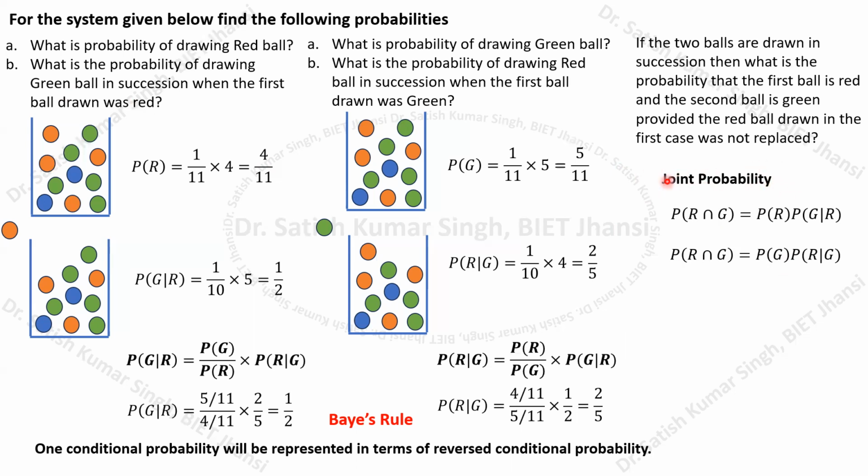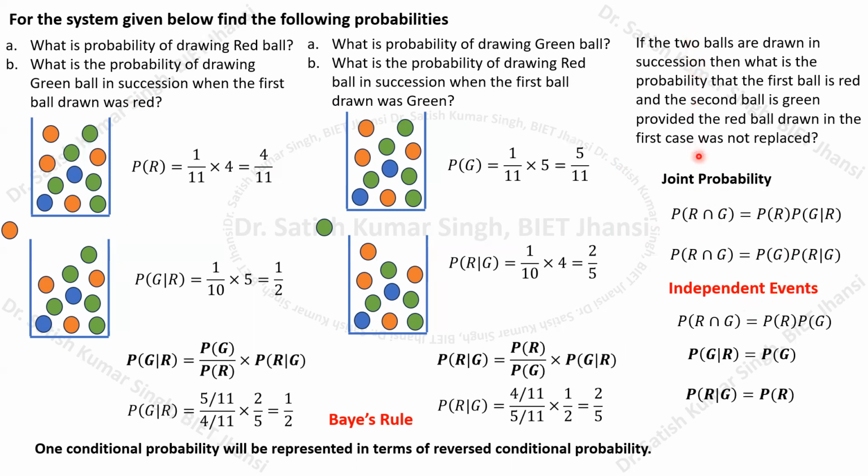So now one important class of events we can define here is independent events, right? So what does it mean by independent event? Okay. So here you can see that in this particular case, when the ball was drawn in succession, what was the condition? The first ball was not replaced. Suppose this was not the case, and we have already drawn the first ball and the first ball was a red ball.